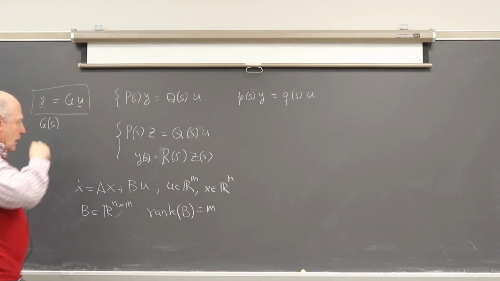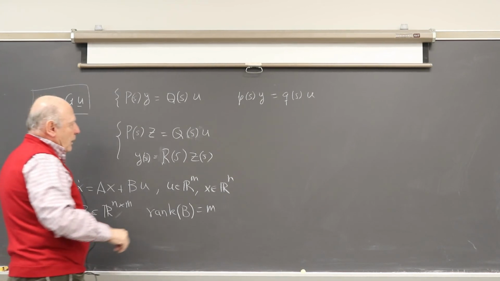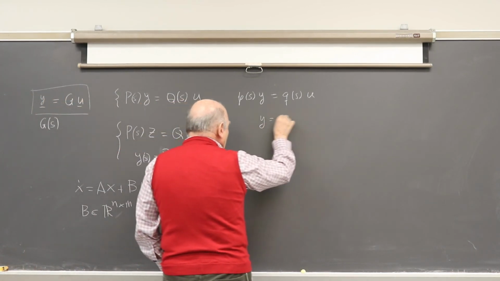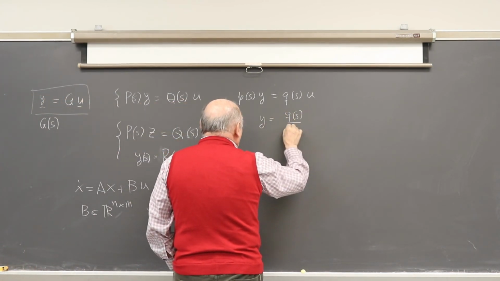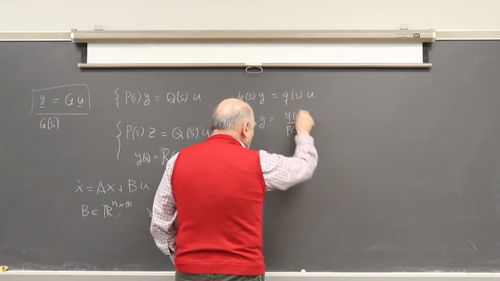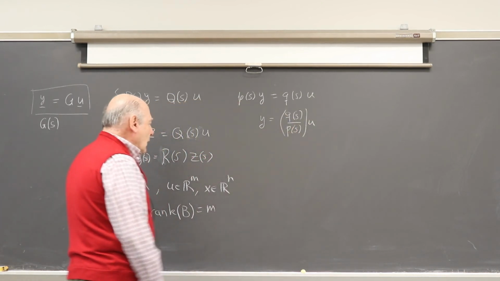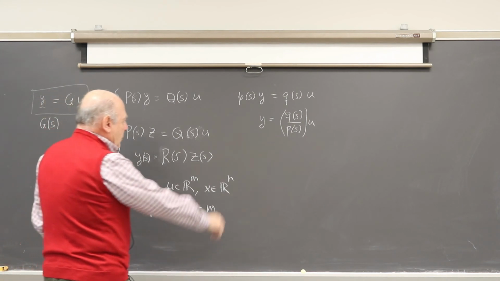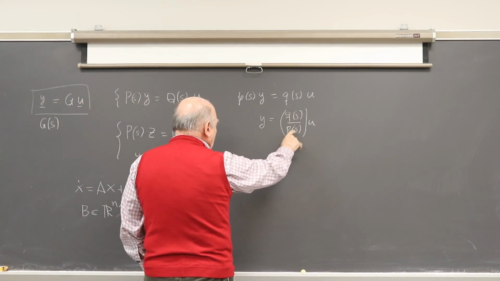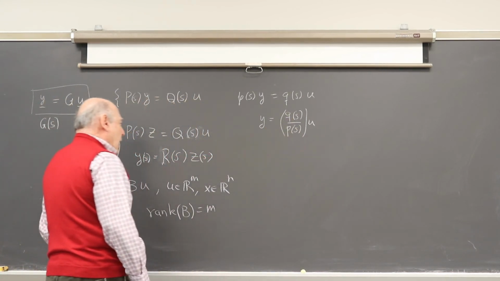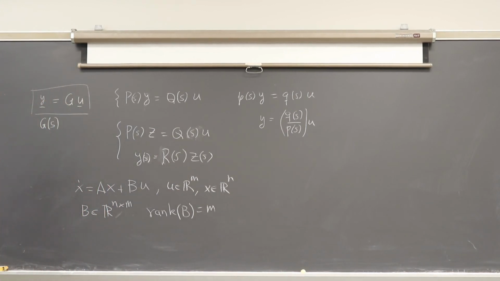And in that representation, we got the transfer function representation by which we could establish controllability in a very simple manner. This system is controllable if and only if these two matrices are coprime. They don't have common factors different from 1 or constants.